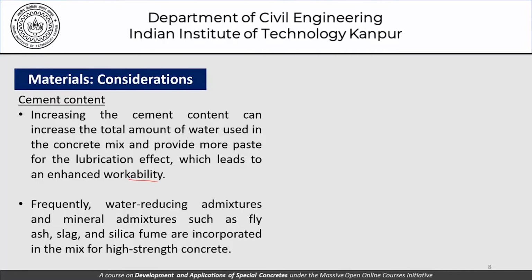Frequently, water-reducing admixtures and mineral admixtures such as fly ash, slag, and silica fume are incorporated in the mix for high-strength concrete. Now, what the addition of these mineral admixtures does is reduce the cement content and at the same time increase the paste content in the concrete.